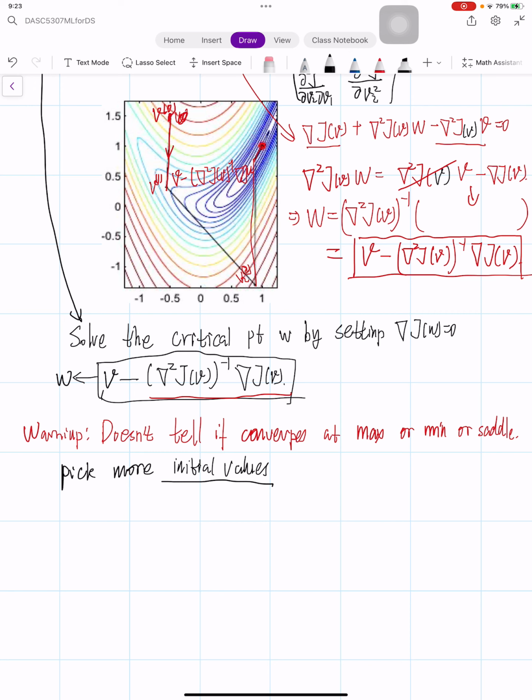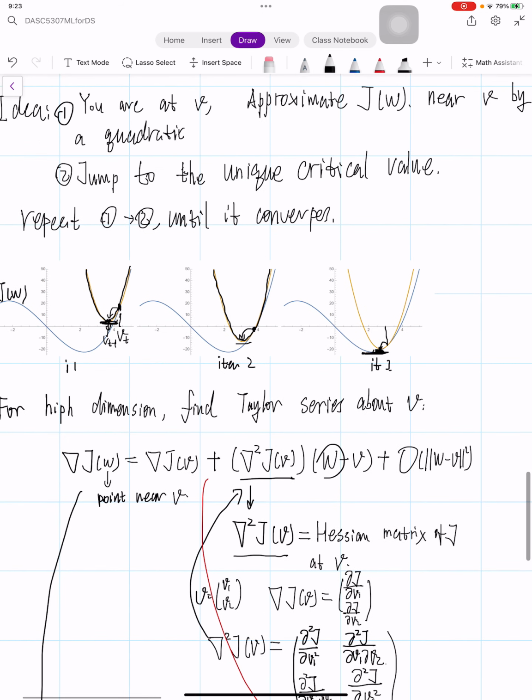And if the objective function J is quadratic, Newton's method needs only one step to find the exact solution. So, for example, if the cost function is like this one, by this approximation you just need one step.